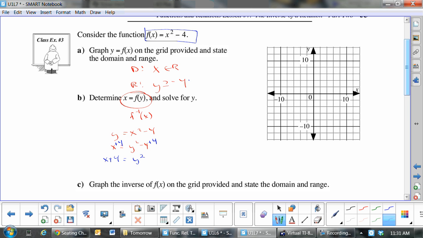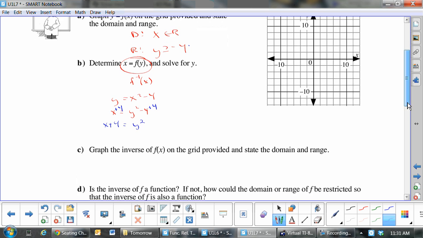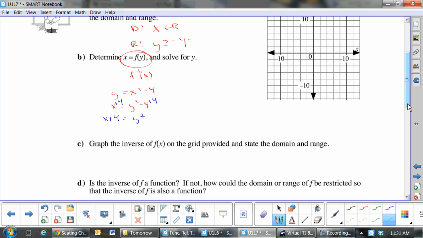Be very careful with this step. When you take the square root, make sure you put plus or minus. So plus or minus the square root of x plus 4 equals y. So f negative 1 of x equals plus or minus the square root of x plus 4.